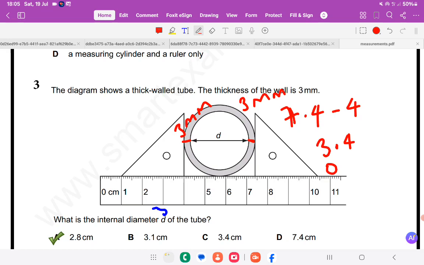So we have 0.6. So subtract 3.4 minus 0.6, it should give us 2.8 centimeters. So therefore the answer is A.